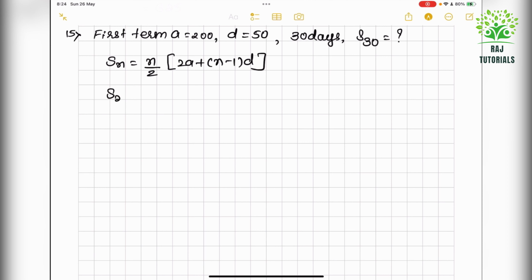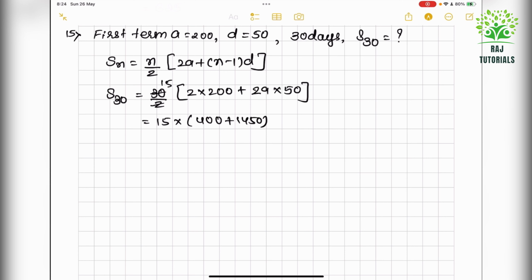So S30 will be 30 by 2, that is 15, into 2 into 200 plus (30 minus 1), that is 29, into 50. So 15 into 400 plus 1450. So 15 into 1850. So that will come to 27,750.